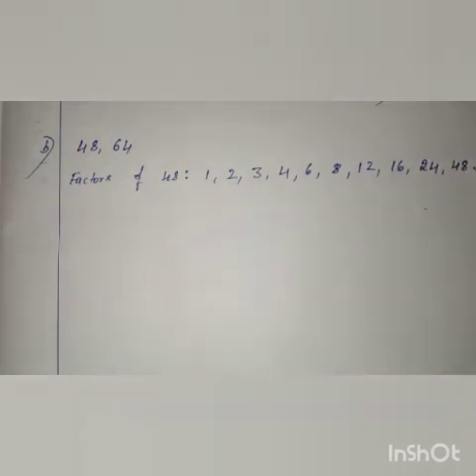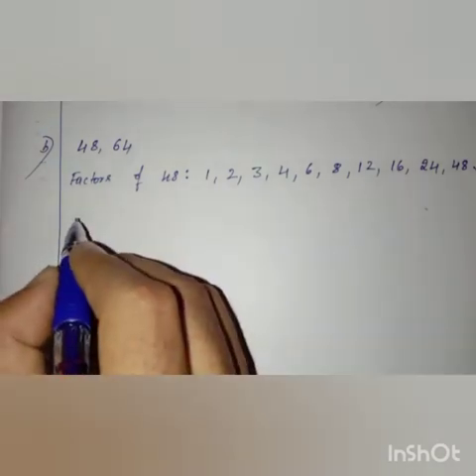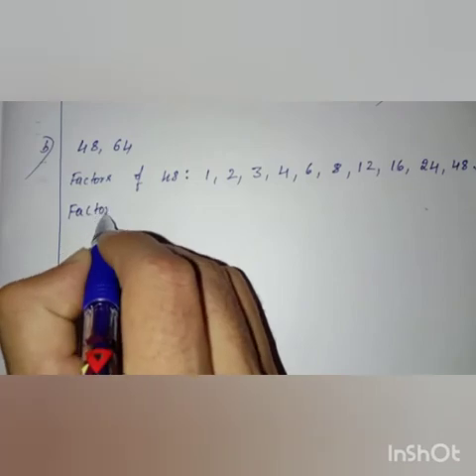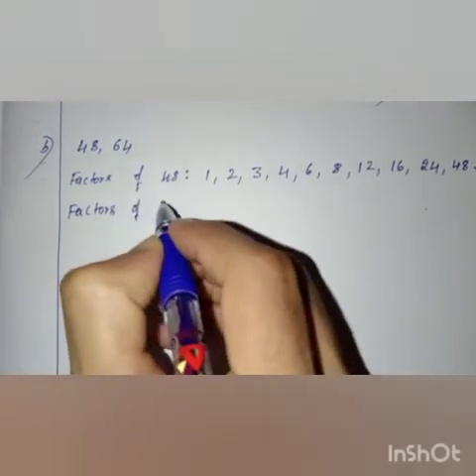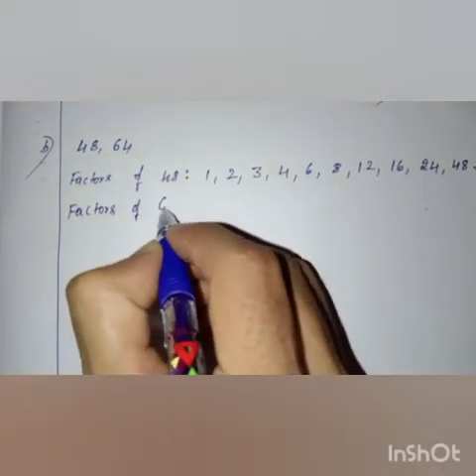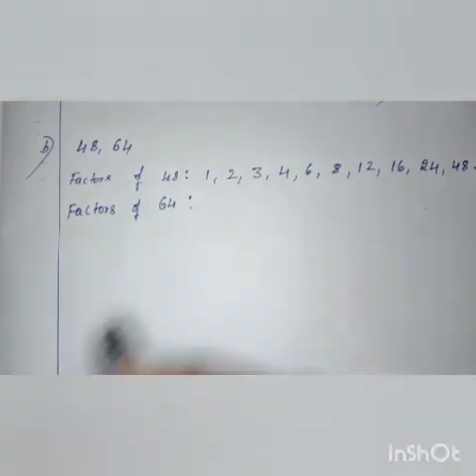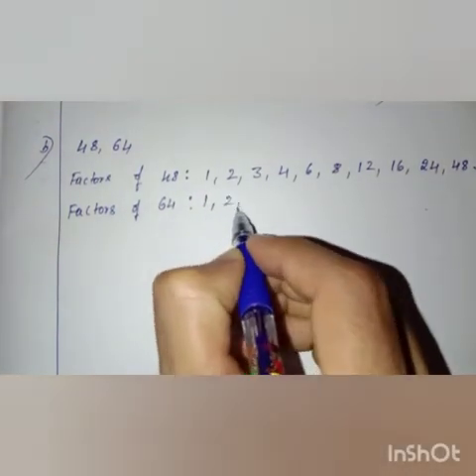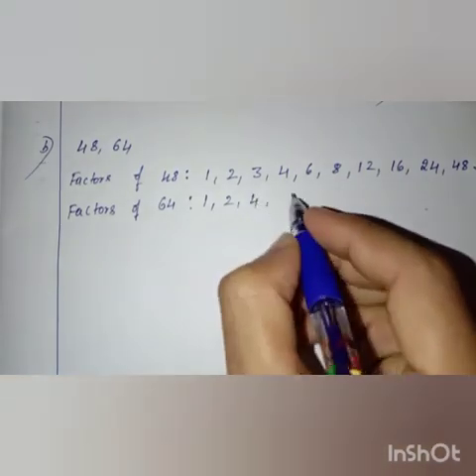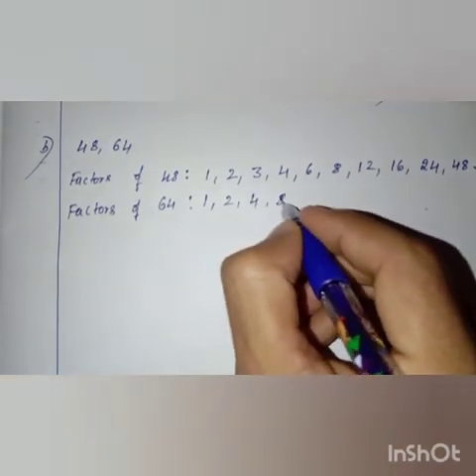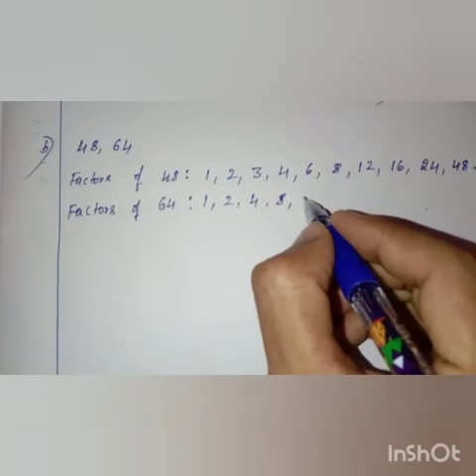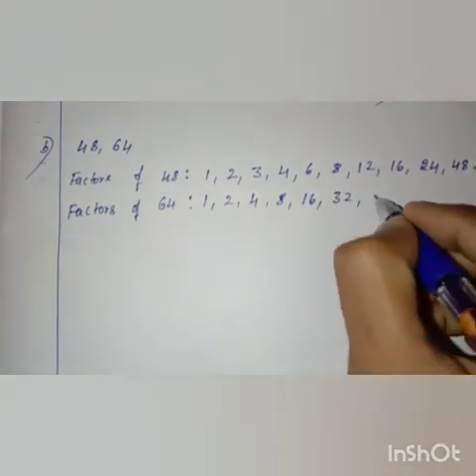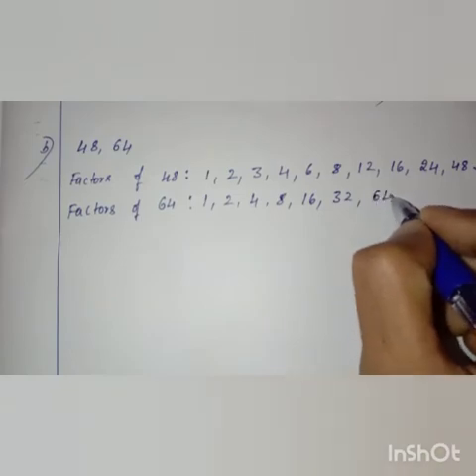So these are the factors of 48. Now the factors of 64 are 1, 2, 4, 8, then 16, then 32, and the last factor is 64.